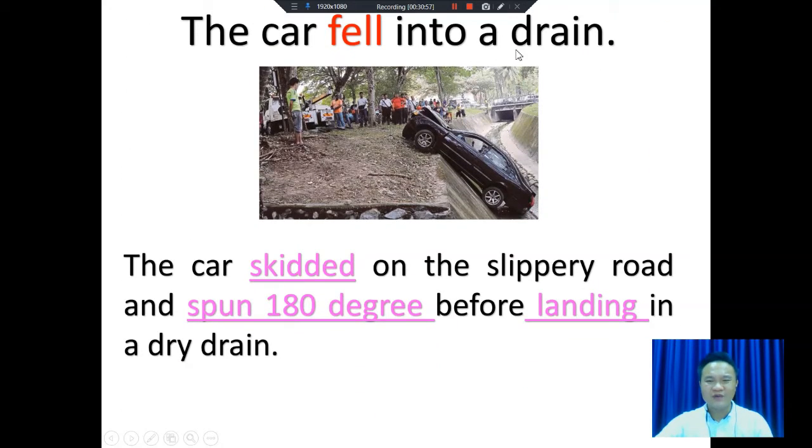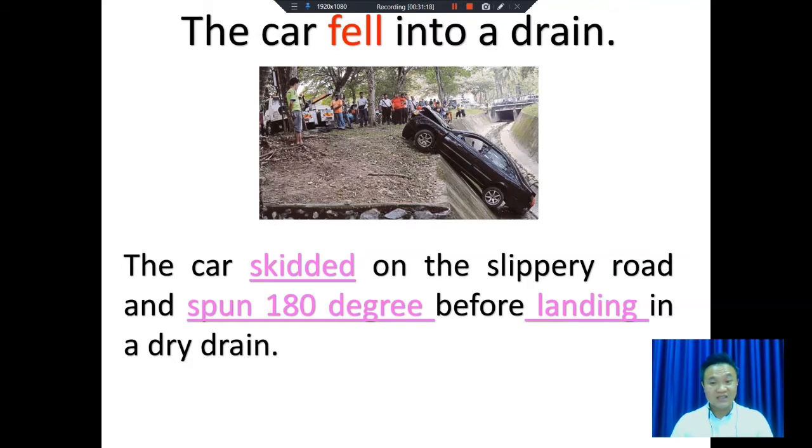Now, the car fell into a drain. Again, this sentence is very direct. There's nothing wrong with it, it's just very dull and boring. But if I describe the process of how the car fell into the drain, it sounds more interesting. It's very real. Let's look at the example given here.